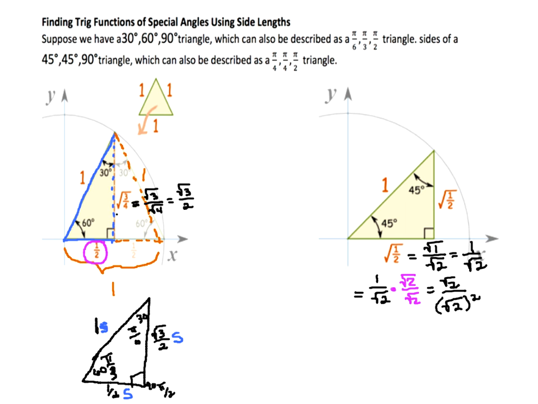Whenever I square a square root, those are inverse operations and undo each other, so I end up with square root of 2 over 2. So these two sides are given in the ratio of square root 2 over 2 for my two legs, both my opposite and my adjacent sides. And the hypotenuse is 1.